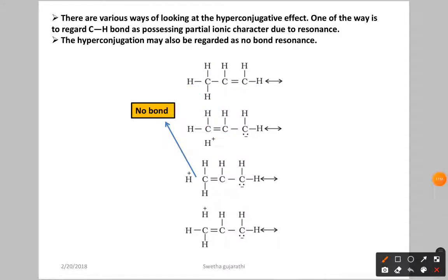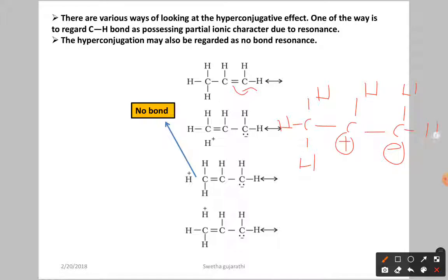Okay, here you can see now. Here we have CH, here CH is there. Once the electron shifted here, what happened now? This carbon is going to get the positive charge. Now here this is going to get the negative charge. Okay, CH. So this is the first carbon, second carbon, third carbon. This positive charge is going to be compensated with this CH bond.